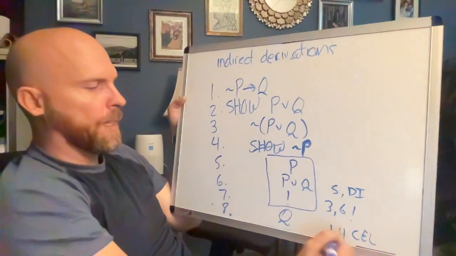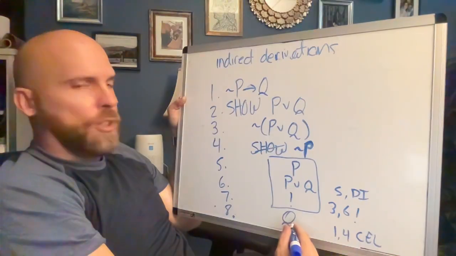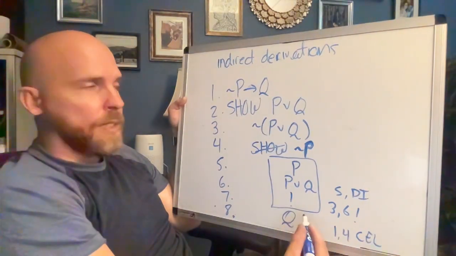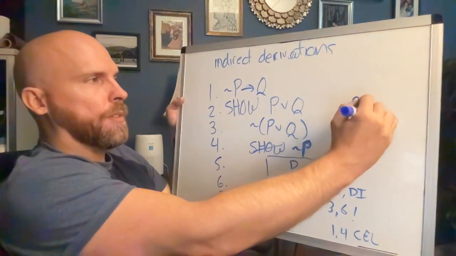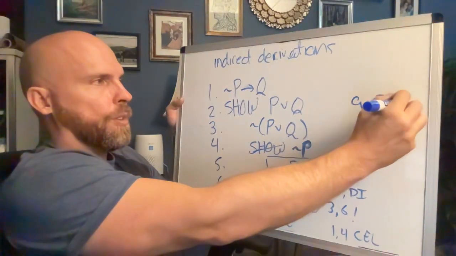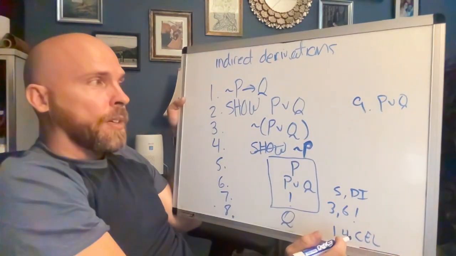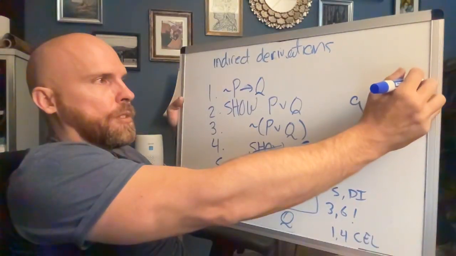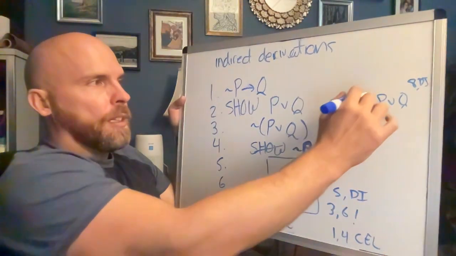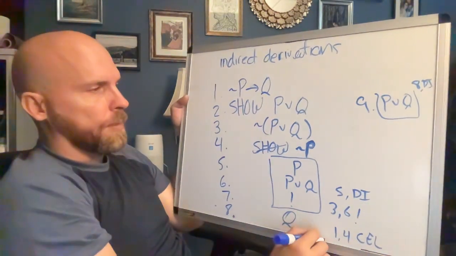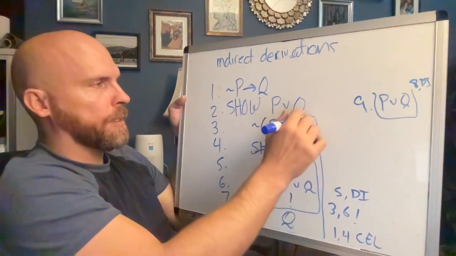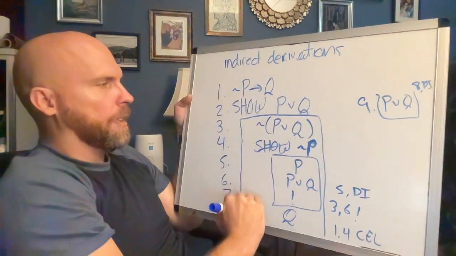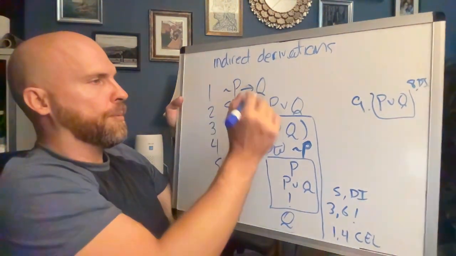Now with Q, I can just directly infer, I'm going to have to do it over here, P or Q. Now P or Q, that's from line 8, disjunction introduction, and that comes, I'm going to box it, all the way up here.